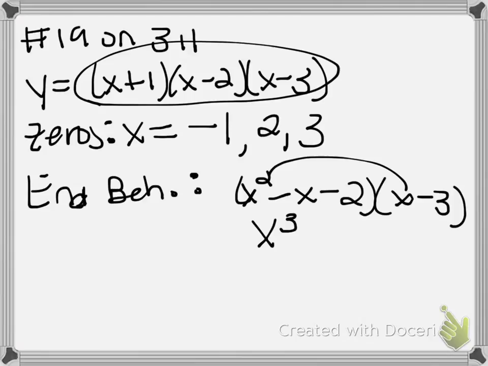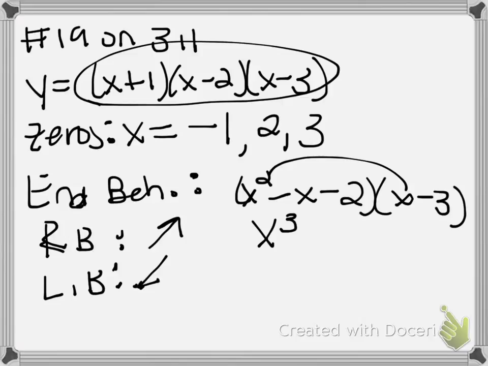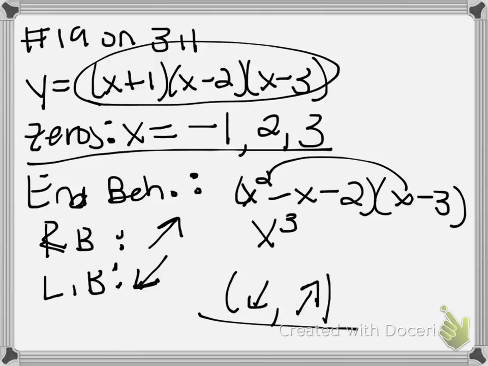So my right behavior, because it's positive, is going to go up on the right. My left behavior, because it's odd, is going to be opposite. So I know that it's going to go down on the left and up on the right. So utilizing the fact that I have my zeros and my end behavior, I can go ahead and graph this.